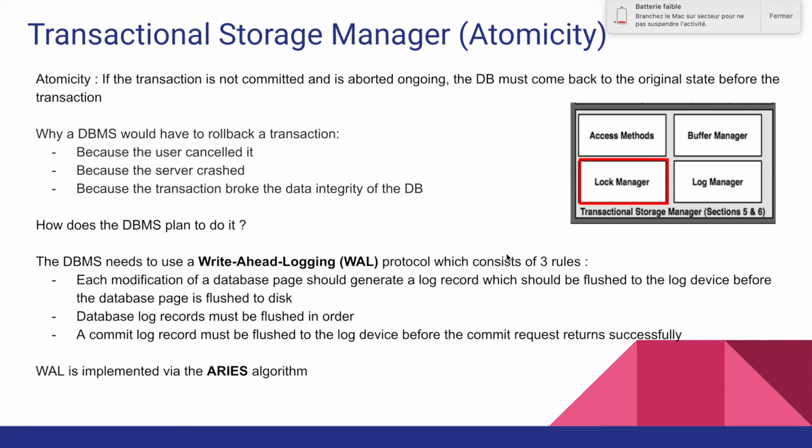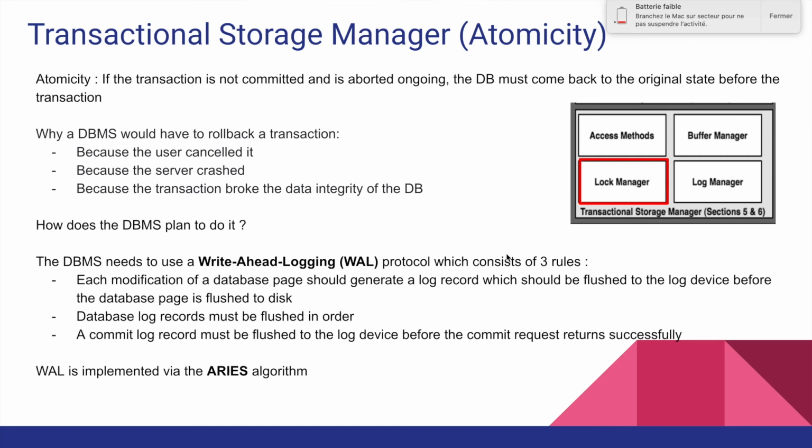And how does the database management system plan to implement atomicity? Well, the DBMS uses a write-ahead logging protocol, which consists of 3 rules. The first one is each modification of a database page should generate a log record, which should be flushed to the log device before, and that's very important, before the database page is flushed to disk.